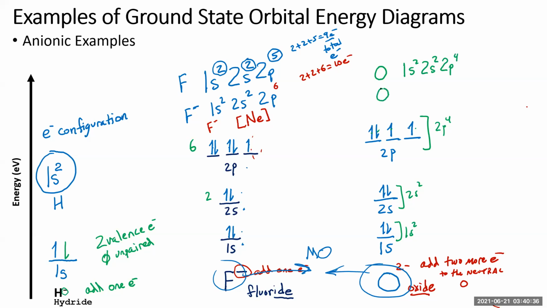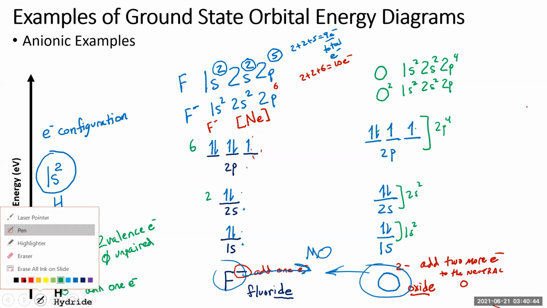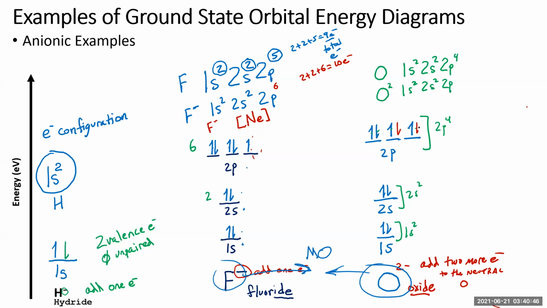And oxide would be 1s2, 2s2, 2p, then we just add 2 electrons, 5, 6, 2p6. And that's equivalent to square brackets neon. They actually represent the same thing in this case.